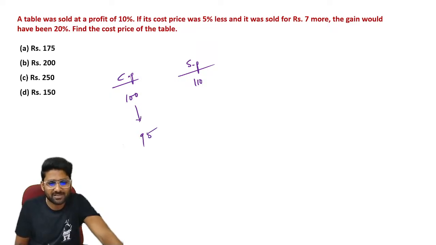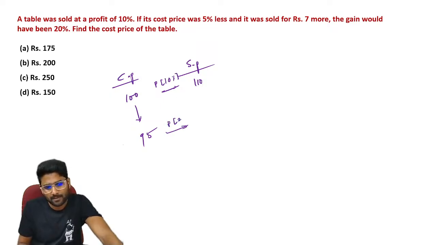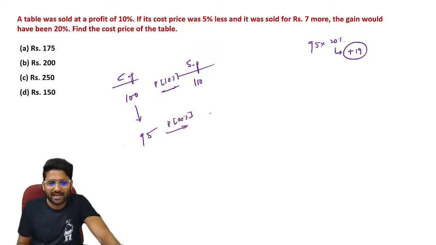Now the cost price is 95 units. And they mention that they need a profit of 20%. So 20% of 95, they need 19 units of profit. 19 plus 95 is 114.